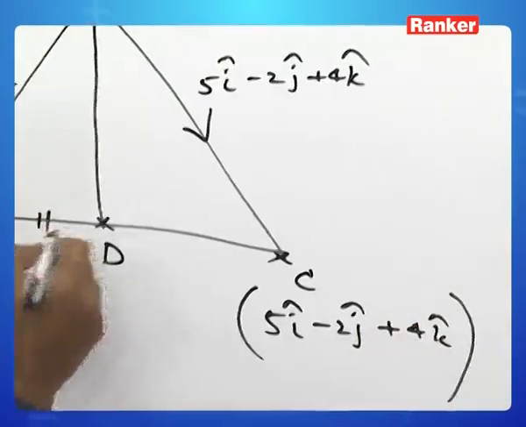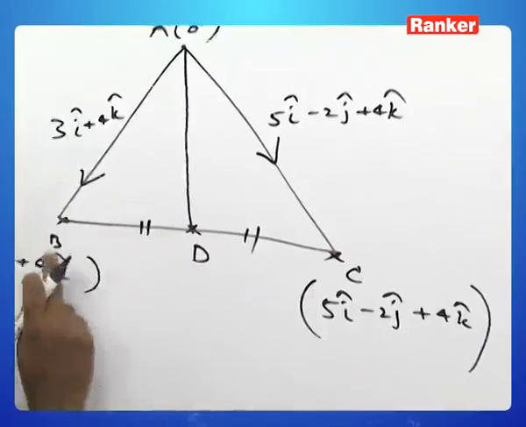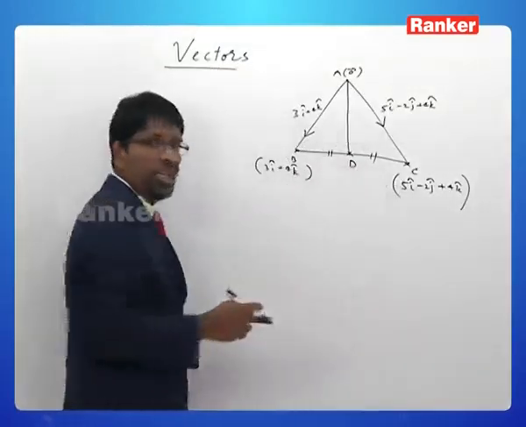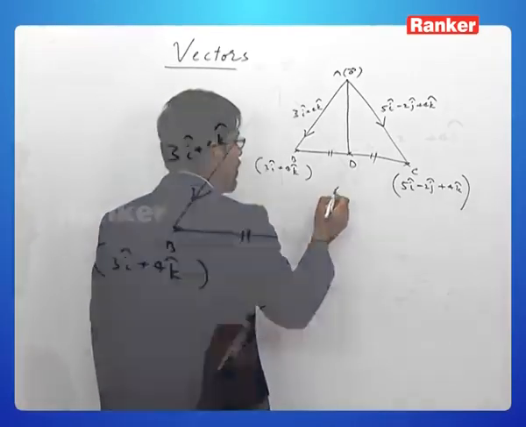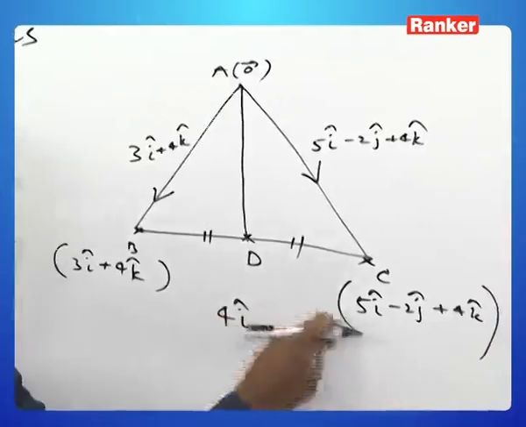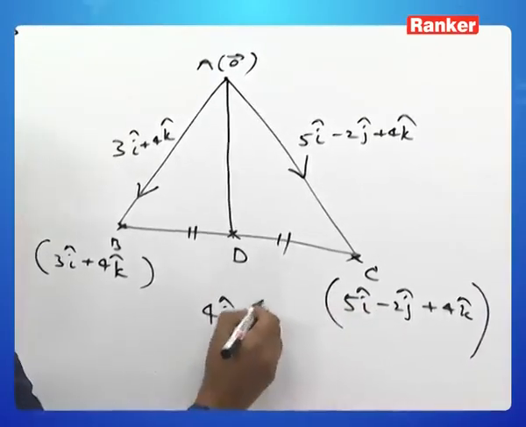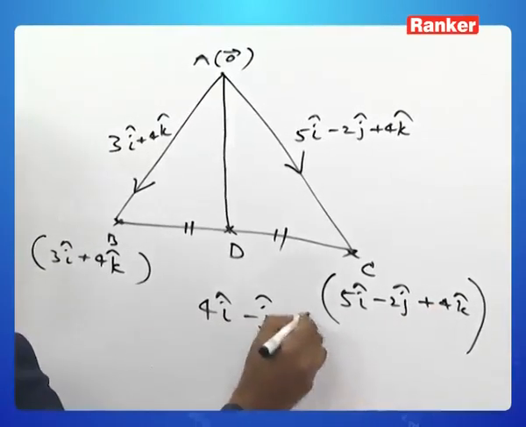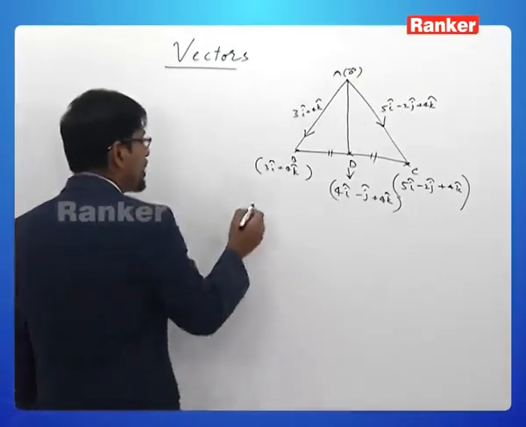Now D being the midpoint of BC, the position vector of D will be B bar plus C bar by 2. So the position vector of B plus position vector of C by 2. We have here 5 plus 3 by 2, that is 4i, and then we have minus j and then 4k. So that is going to be the position vector of D. Now what about the vector AD then?